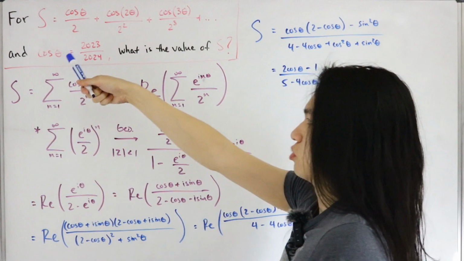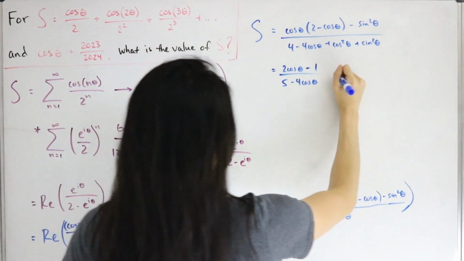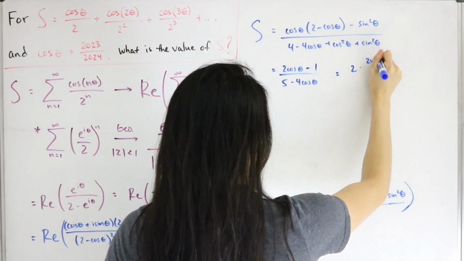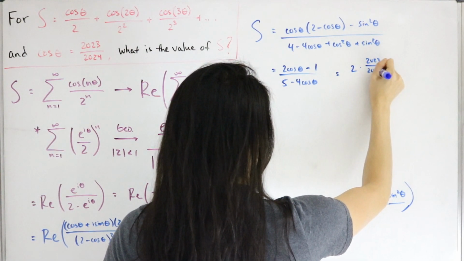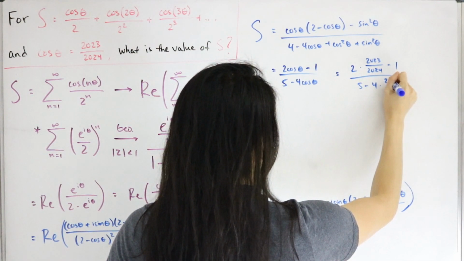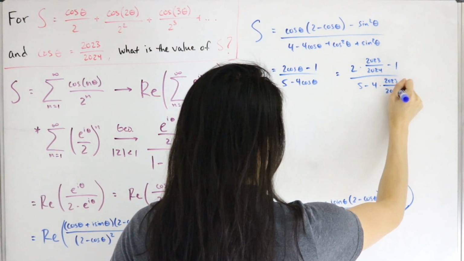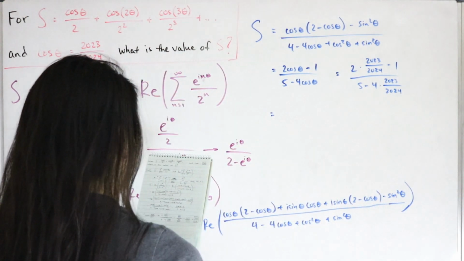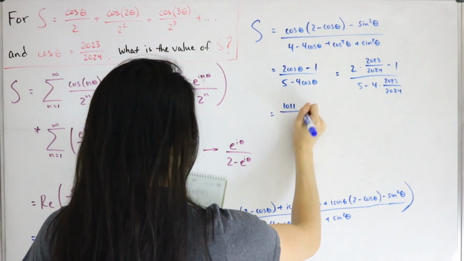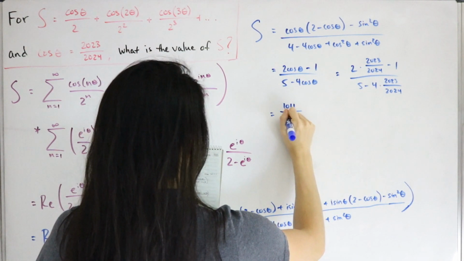Now all we have to do is plug this back in over here. So why don't we do that? This leaves us with 2 times 2023 divided by 2024 minus 1, divided by 5 minus 4 times 2023 divided by 2024. And then we continue forward. We'll reduce this to just 1011 divided by 1012.